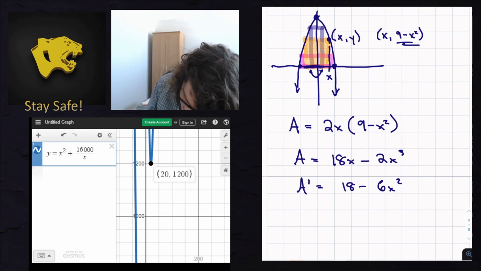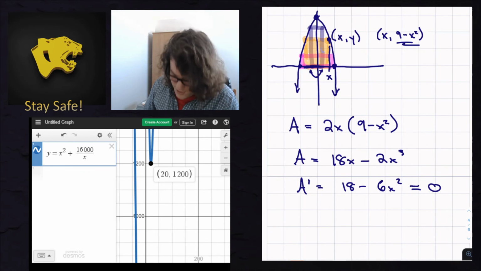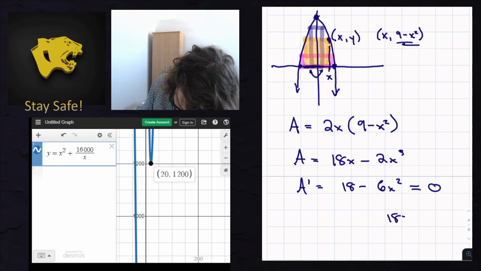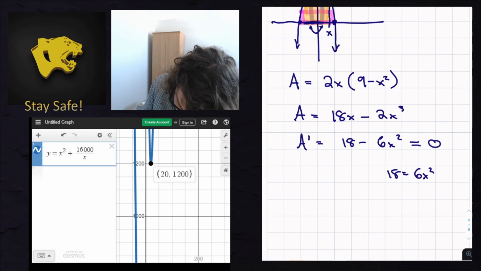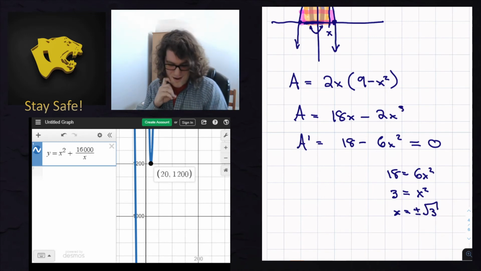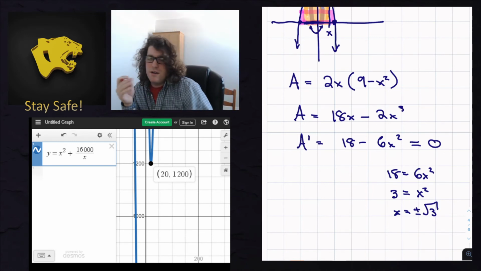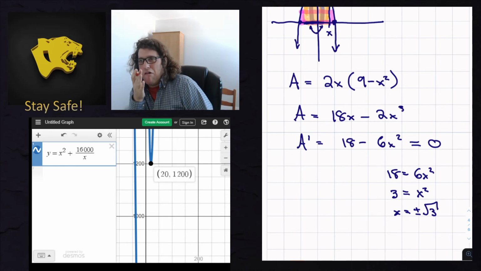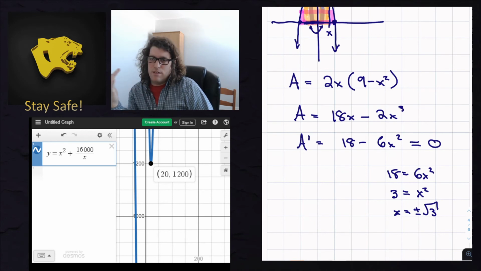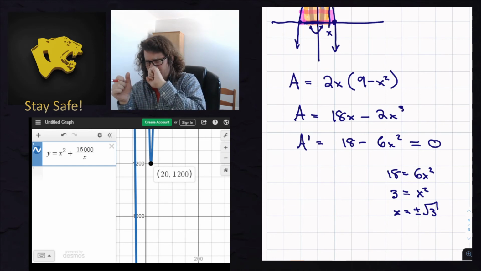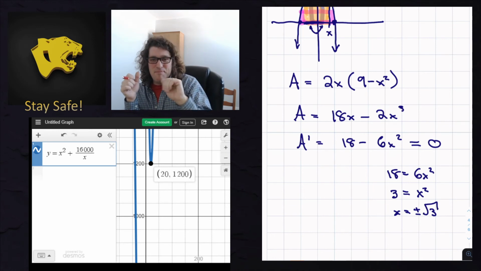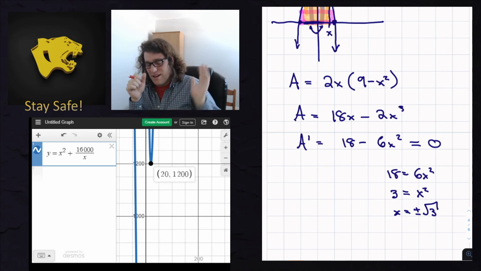So that means I'm going to look for critical numbers, so I'm going to set that equal to 0. So 18 is equal to 6x squared, which means that 3 is equal to x squared, or x is equal to plus or minus square root of 3. Now, I think I'm going to define my x as meaning how far out to the right I am. If you call it negative, it just means the x that you are looking at is out to the left instead of out to the right.